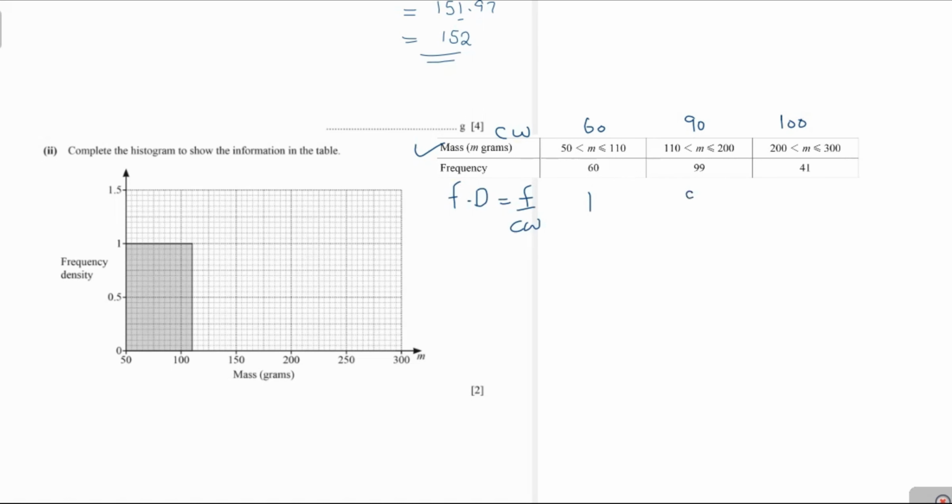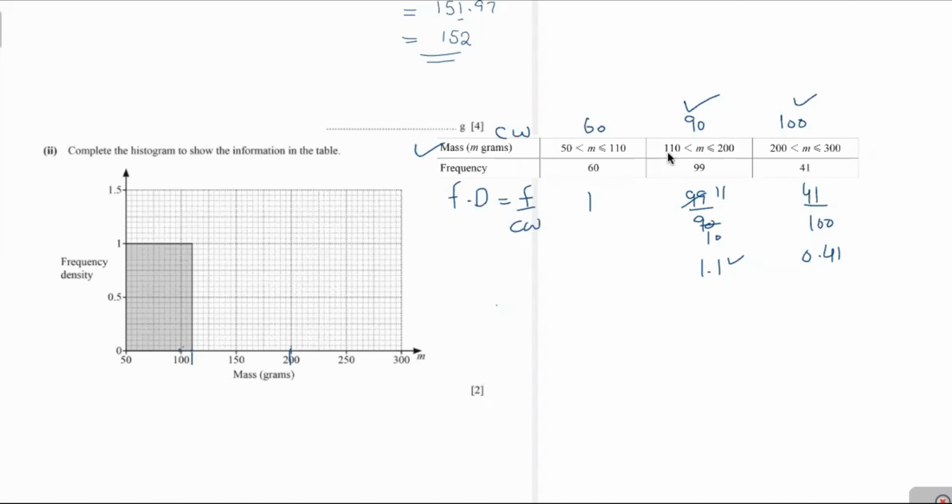And same here is 99 over 90, and that's 41 over 100. Now we can simplify this. 99 over 90 is 11 over 10, which is 1.1, and 41 over 100 is 0.41.